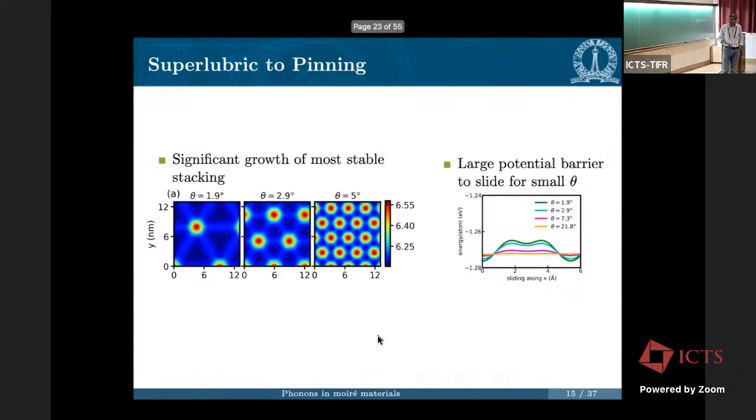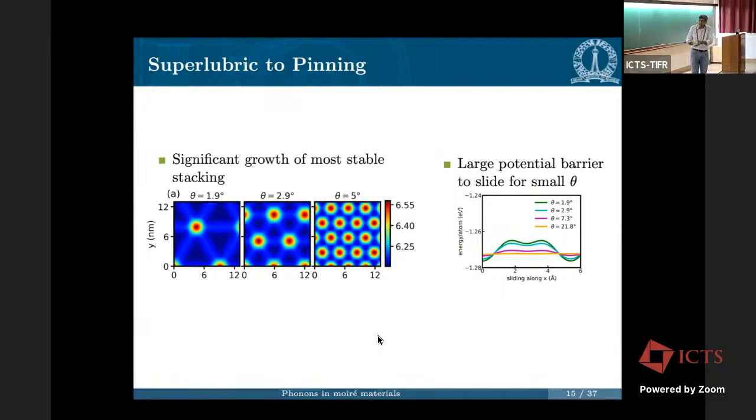A simple way to understand this is the following. Imagine all your stackings are roughly the same size, and there is no development of these large regions of AB and BA stacking. Then, in some sense, shifting one layer with respect to the other will not cost you much energy.